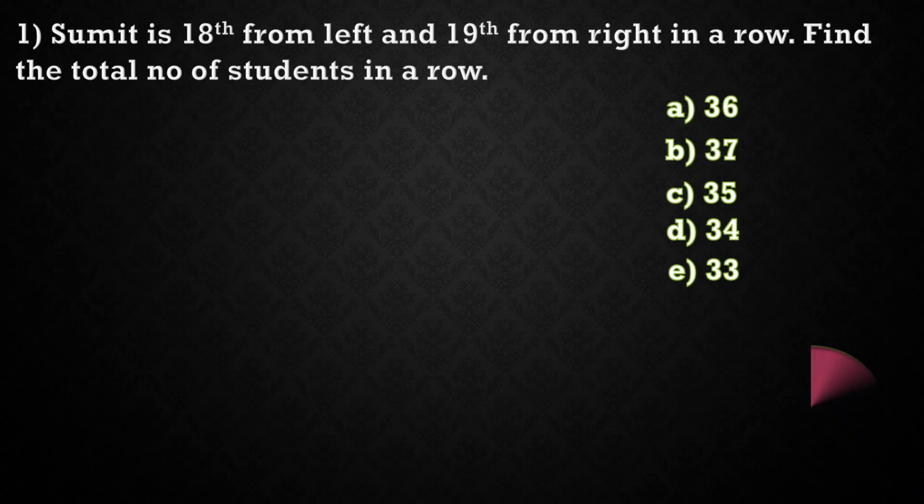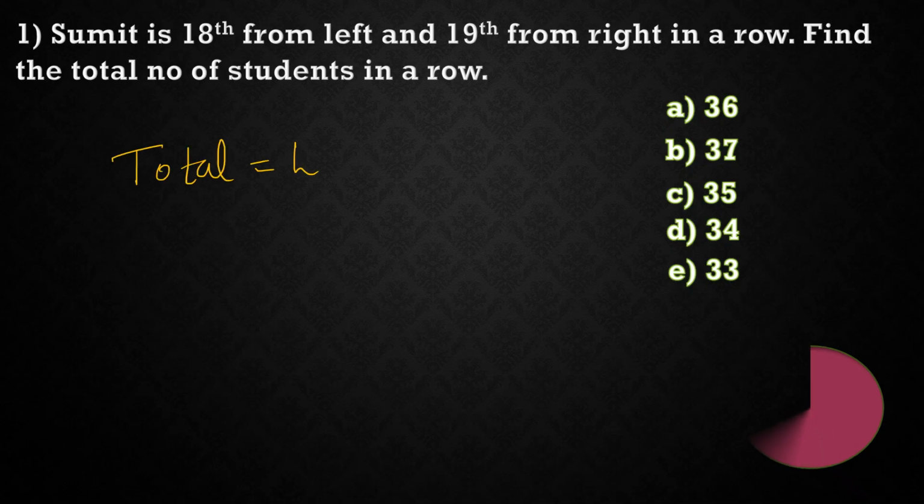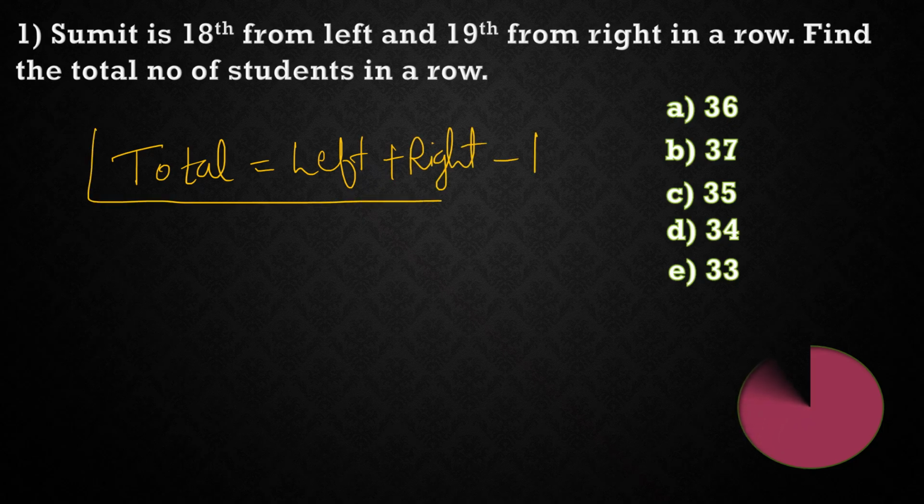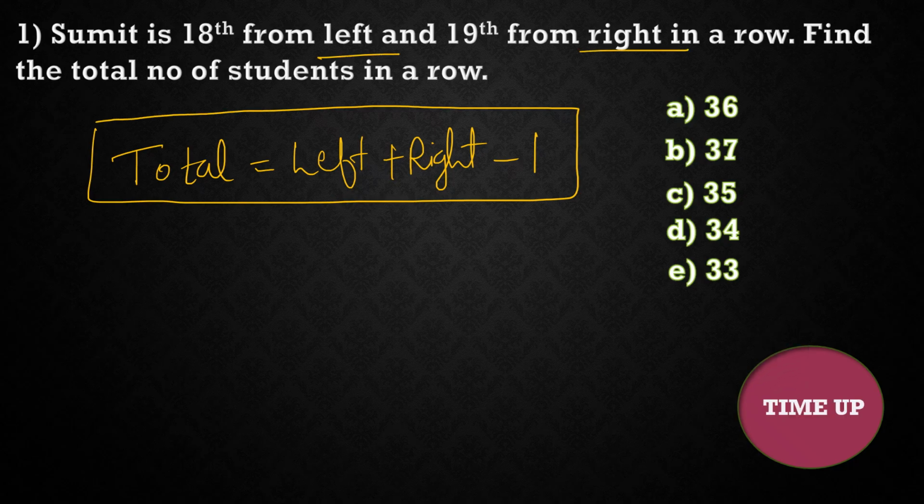Just now I had told you the formula to find out the total number of students or whatever total. So total is left plus right minus 1. So this is the formula. Since in the question you have left and right, that's why I use the words left and right here.